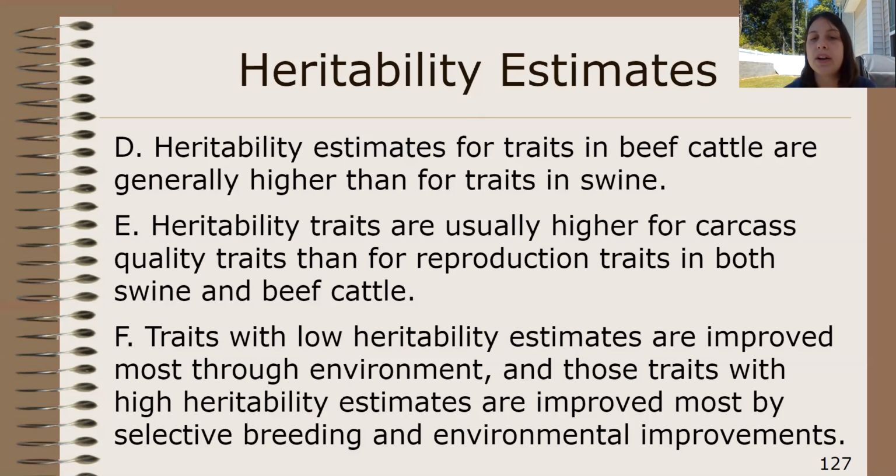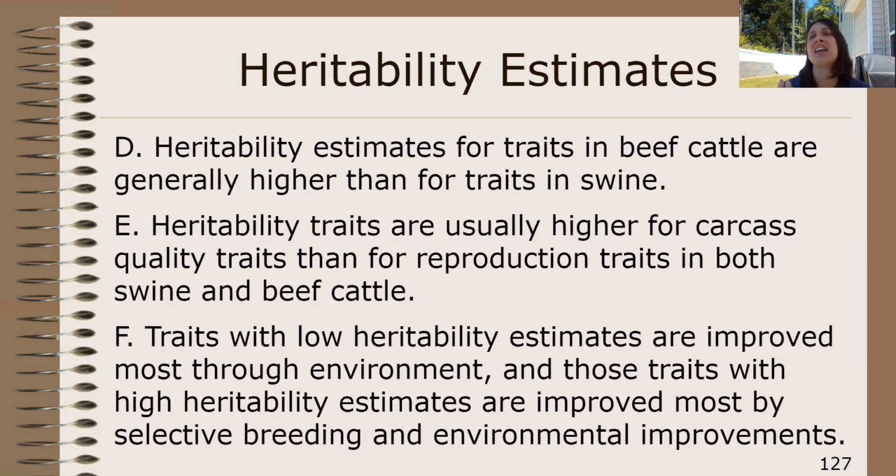For traits that have a low heritability estimate, a lot of times producers, while they're going to be trying to improve them through reproduction, are also going to be trying to improve them through the environment. When we talk about improving things through the environment, we're talking about changing some of the things in the animal's surroundings.